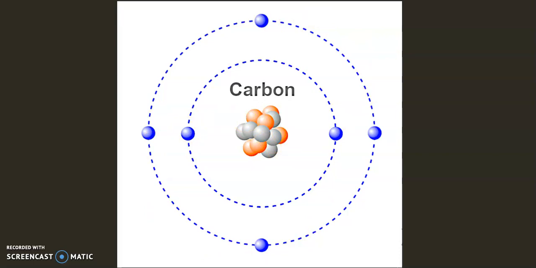But what we've noticed is that these atoms in the body and in nature have a tendency to want to keep their outermost electron shell full. When it's full with 8, they call that an octet. That's where the name octet came from.